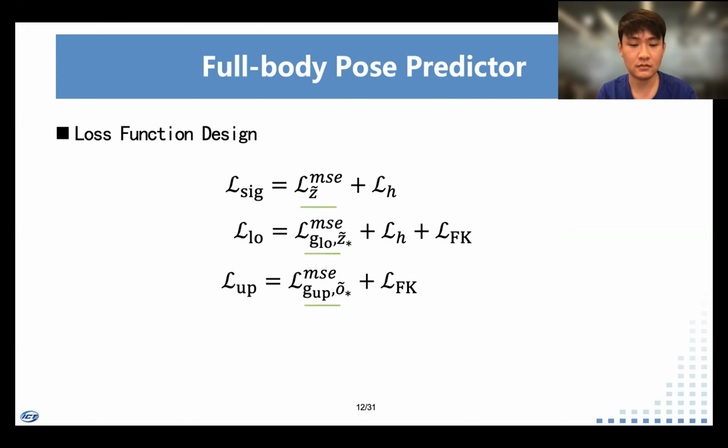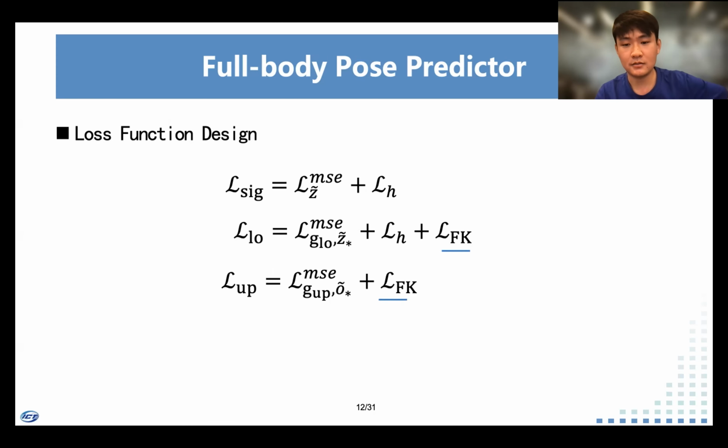The MSE loss terms are weighted mean squared error between the quantities represented by the subscripts and their corresponding ground truth. When training the signal predictor and the lower body predictor, a heading loss term is used to minimize the error of the estimated global heading transformation, computed by accumulating the sequence of predicted change of heading frames.